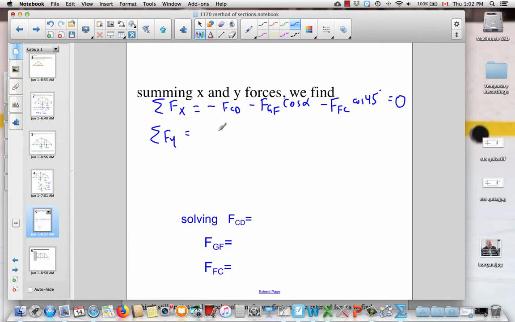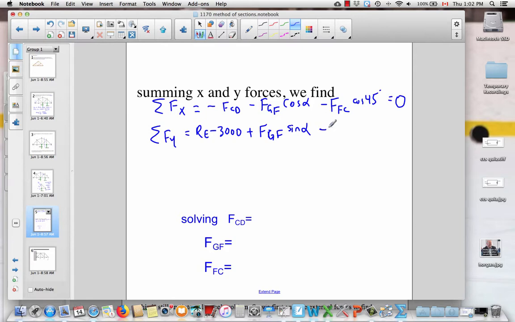In the y direction, we have reaction E, we have the downwards 3,000 pound weight, we have an upwards GF sine alpha, I'll just do it so it corresponds with this.